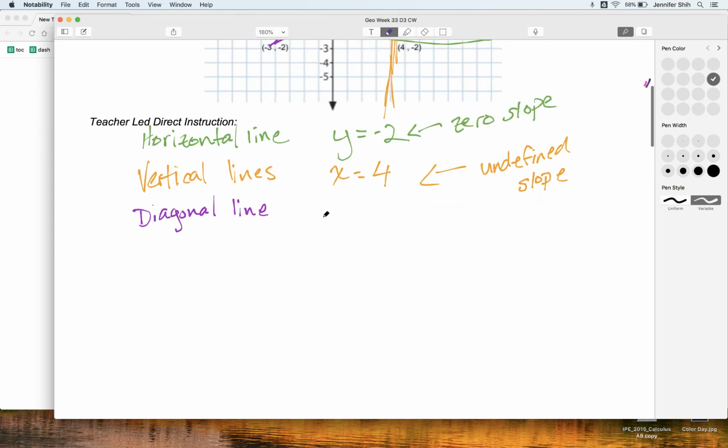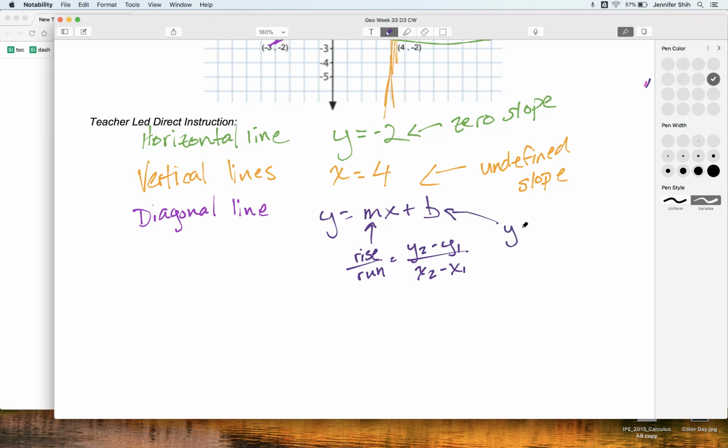To do this, you usually have y equals mx plus b, where m is the rise over the run. You can literally count the rise over run if you're given a grid, or you can use the slope formula, which is y2 minus y1 over x2 minus x1, which you learned in a previous video in like 6.1 or something. b is the y-intercept.